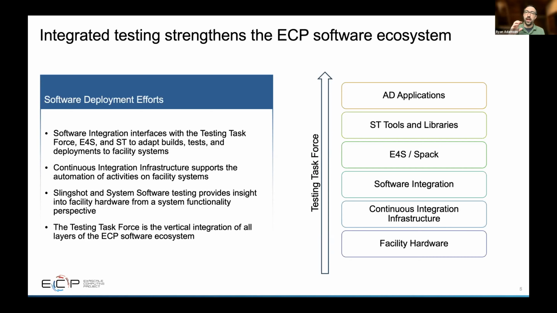And then Samir and Mike Haru and Todd Gablin are leading this E4S and Spack. It's really a middle layer that helps those teams map their products to a place that is tested and is installable for Gitlab software integration team. And under that, we have the continuous integration infrastructure, which automates everything above. And then our facility hardware testing at the bottom.